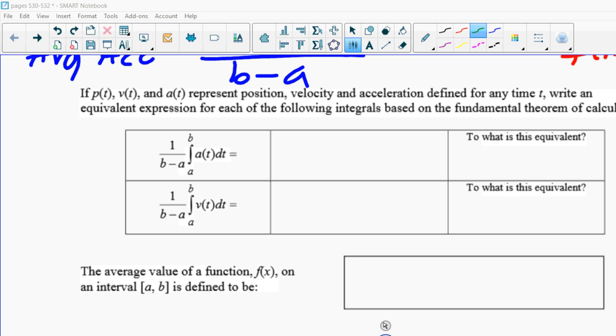Okay, so I want you to take a look at this. If P of t, V of t, and A of t represent position, velocity, and acceleration, write an equivalent expression for each of the following integrals based on the fundamental theorem of calculus.